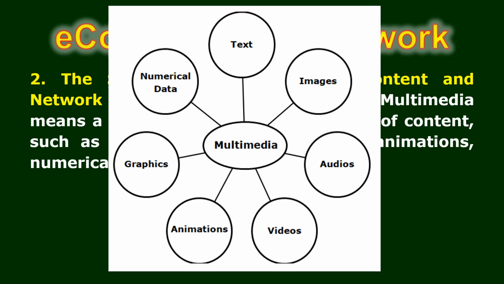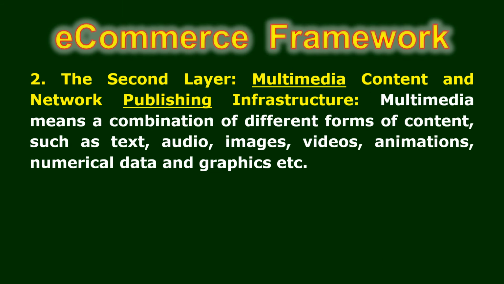Multimedia means various types of data like text, images, audios, videos, numerical data which is in tabular format, similarly graphical representation of data. So all these things, text, images, audios, videos, tabular data, graphical data, all these things put together is known as multimedia. So different types or different combinations of data.